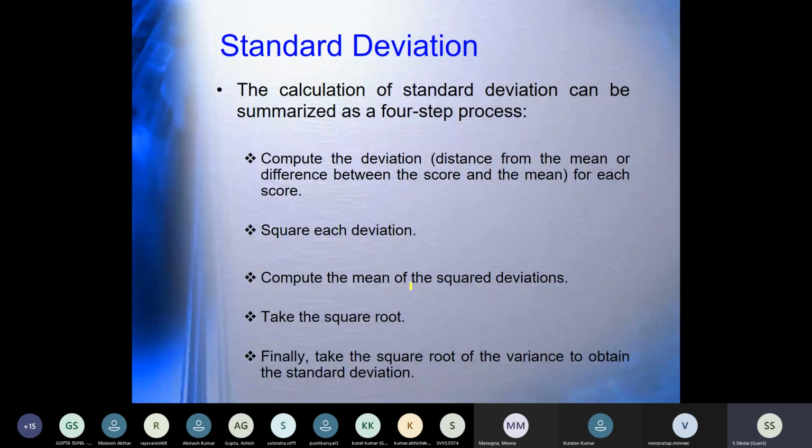Then compute the mean of the squared deviations, and then take the square root. That means in the Excel sheet, I take the difference, then I square the difference, then I add them up and divide by the number of samples, the number of data. That gives me the mean of the squared deviation. Then I take the square root.